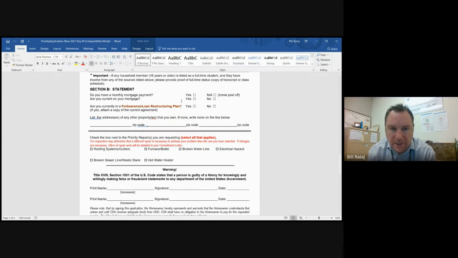Yes or no. Again, that won't necessarily make you ineligible for the program, but if you're not current, we have to make sure that you're not in danger of losing your home through foreclosure. And since we have limited funds in the program, we don't necessarily want to invest in a property that could be lost through foreclosure. So you need to be current on that mortgage payment.